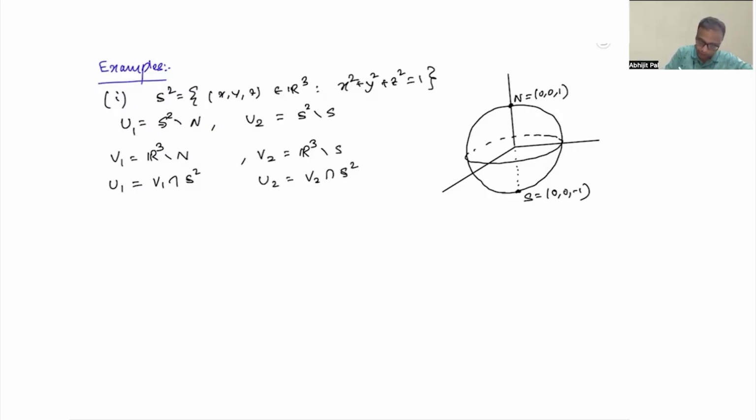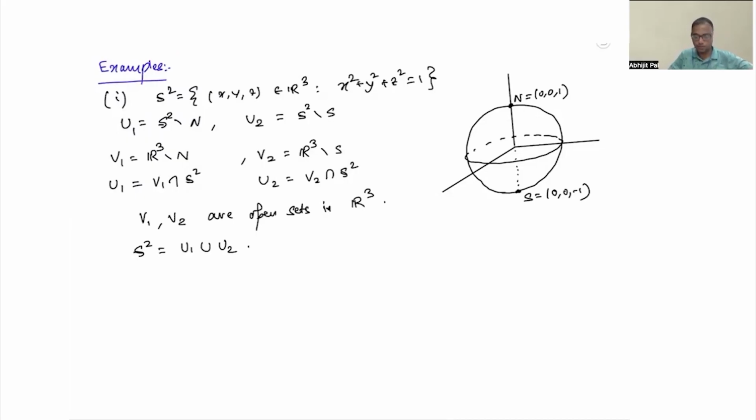So B1 and B2 are open sets in R3. Also observe that S2 is equal to U1 union U2.